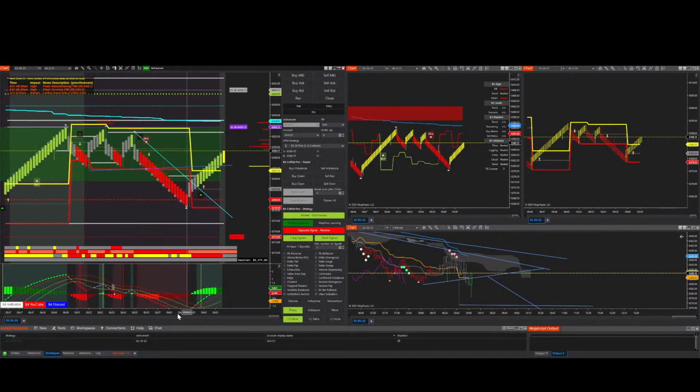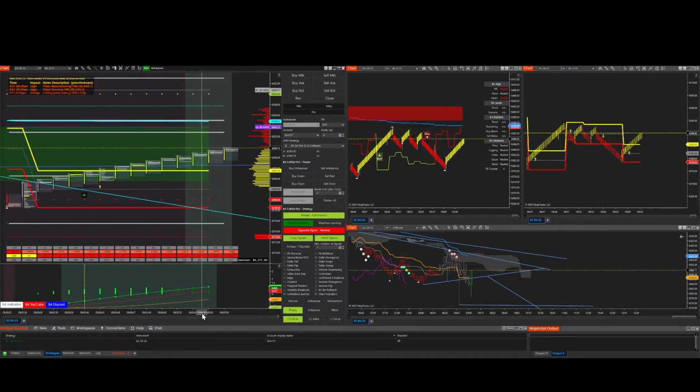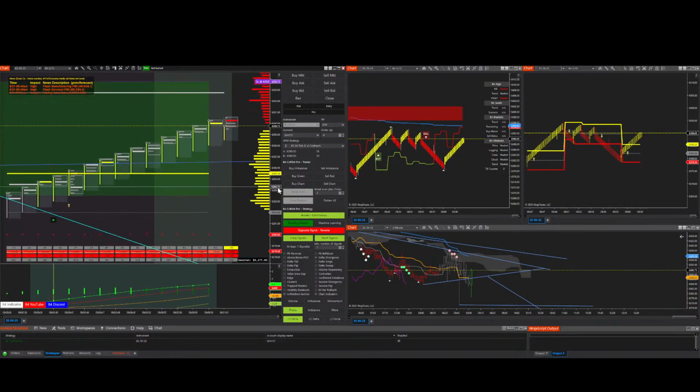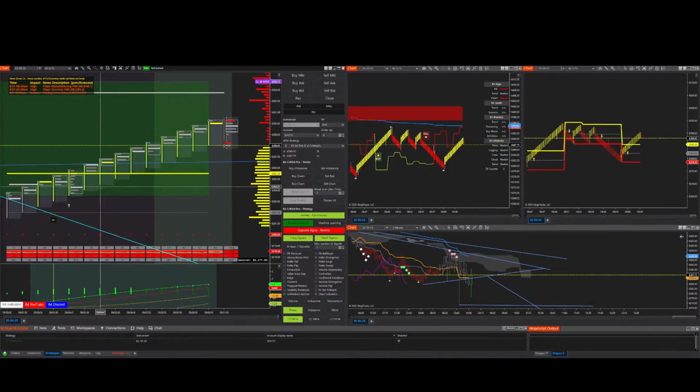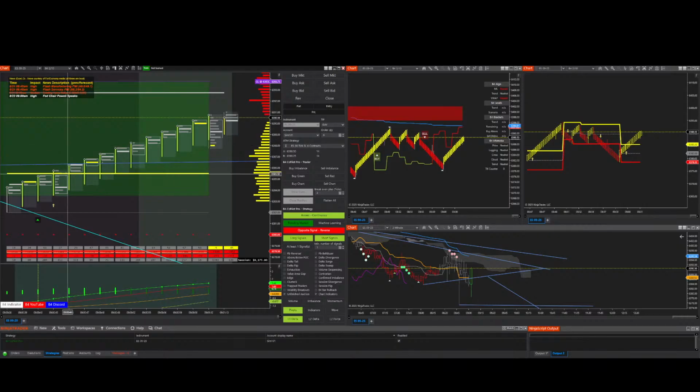If you don't know what a virgin point of control is, basically you can come in here and look at our footprint charts. You can see this is a value area. That's the point of control where the most volume took place in that particular candle. And these are bars. These aren't candles. These are bars.